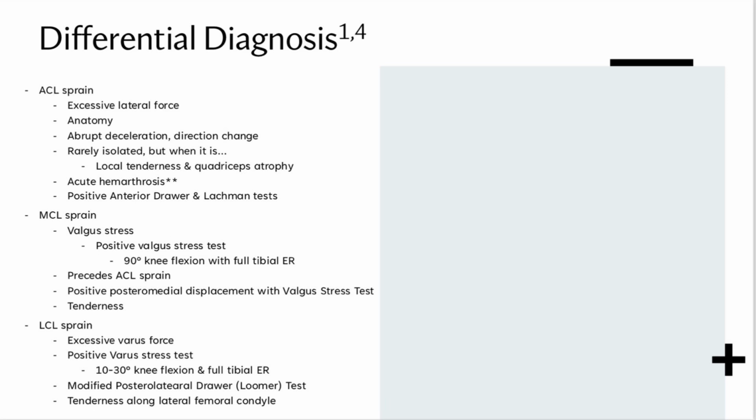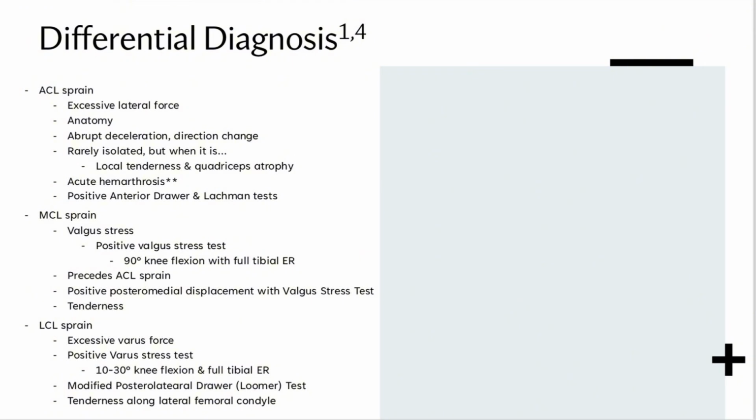And then when diagnosing an ACL sprain, it's important to point out that unlike the PCL, the ACL is rarely isolated, meaning that oftentimes this injury occurs in conjunction with other structural injuries, such as an MCL sprain. Although in the rare chance that the ACL sprain is isolated, there will be local tenderness on the anterior side of the knee and quadriceps atrophy.